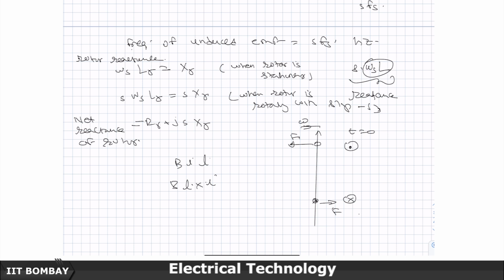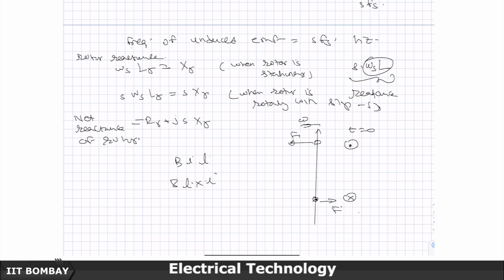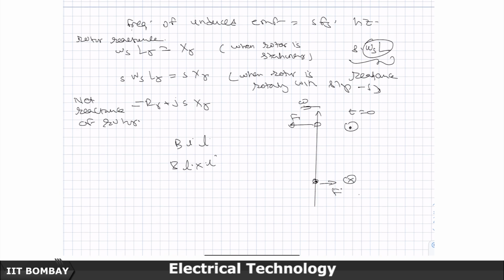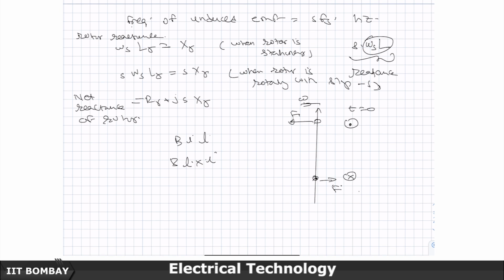But because the rotor is not held stationary, the forces which are going to be created on the conductors of the windings in the rotor will cause it to rotate, and that rotation will be responsible for rotating the load.